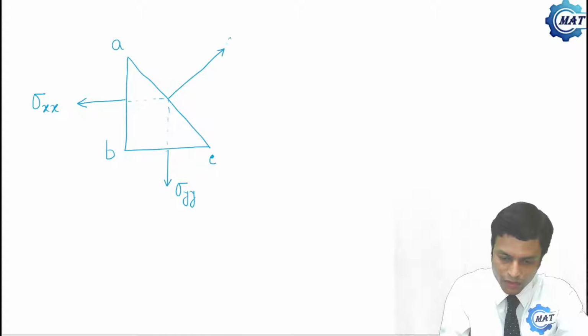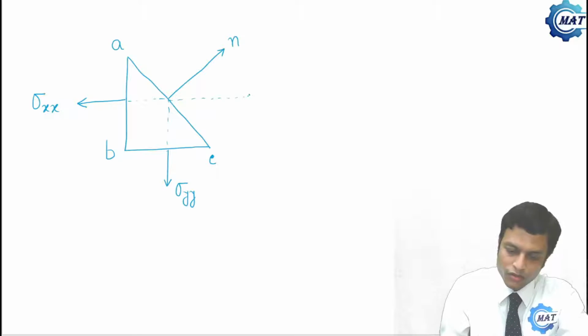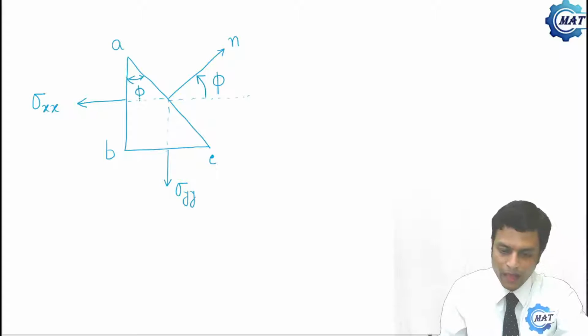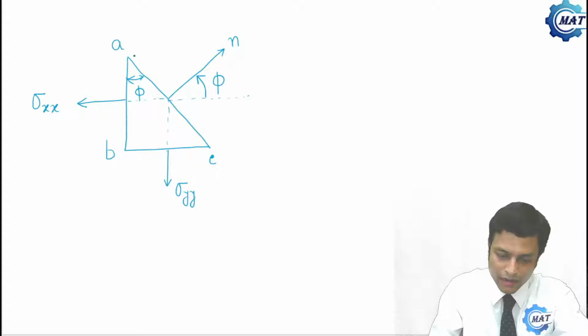This is normal to the plane and that makes an angle phi. So this angle, obviously, will also be phi. Now what are the stresses on that plane? Along the plane, this is the shear stress.